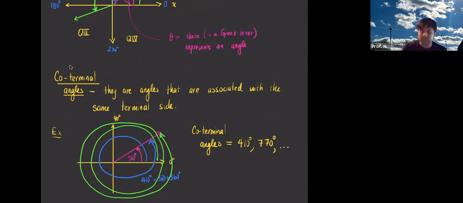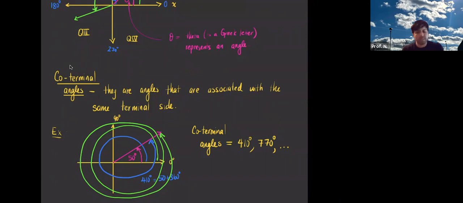So that's the confusing part behind trig, is that there's so many angles that refer to the same position. So in a sense, there's an ambiguity with all of these different angles that represent the same position in the XY plane.